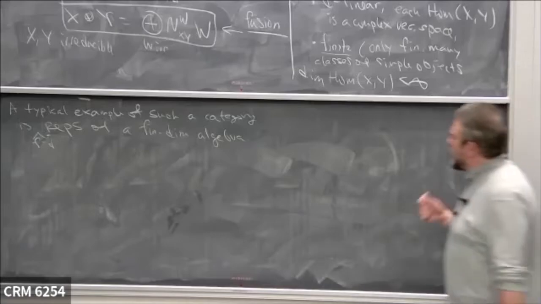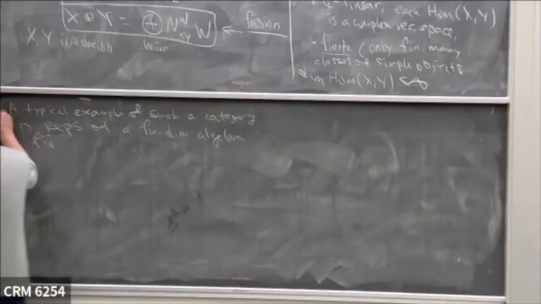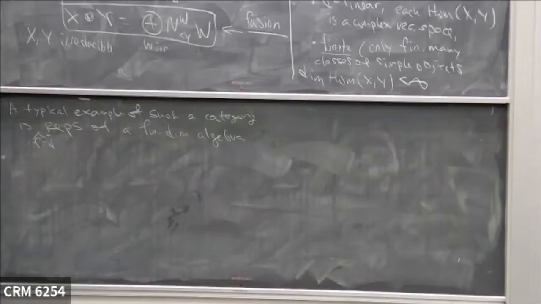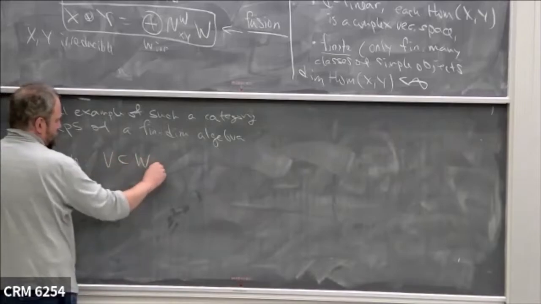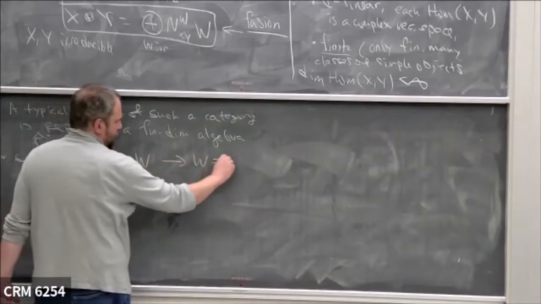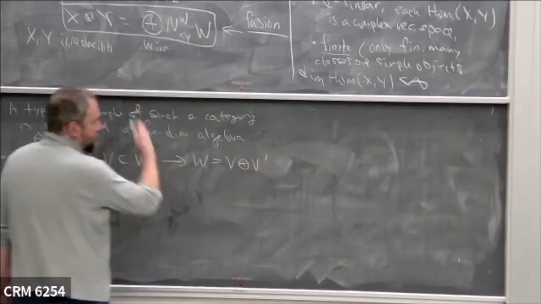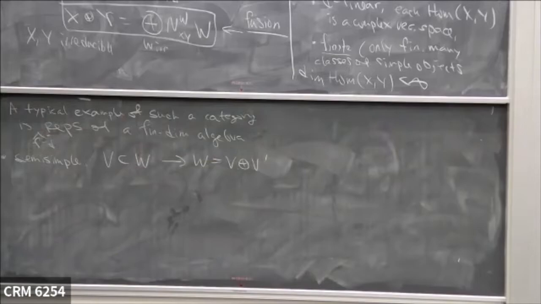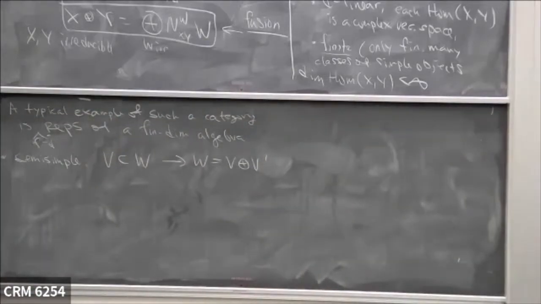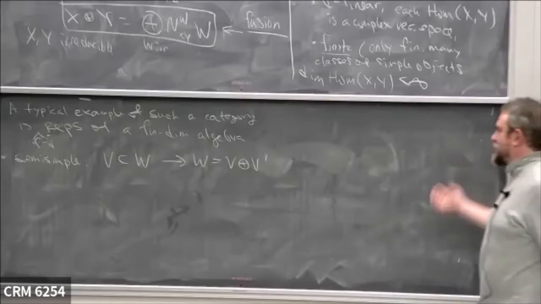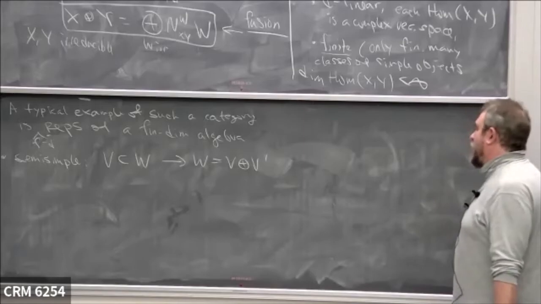I will also assume, at least most of the time, that categories are semi-simple, meaning that whenever you have a subobject of an object, there is a direct complement. This is an analog of the complete reducibility that I mentioned earlier. Again, most of the things can be done without semi-simplicity or finiteness assumptions.